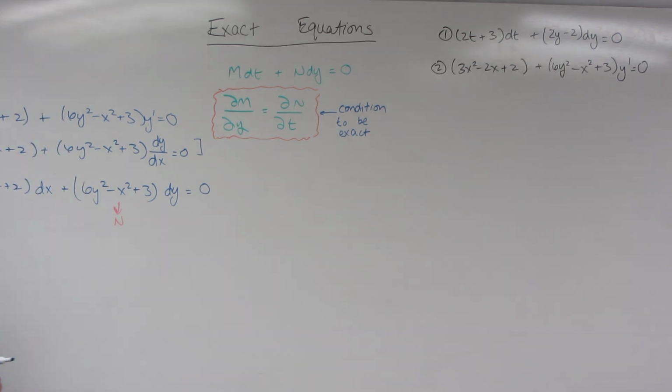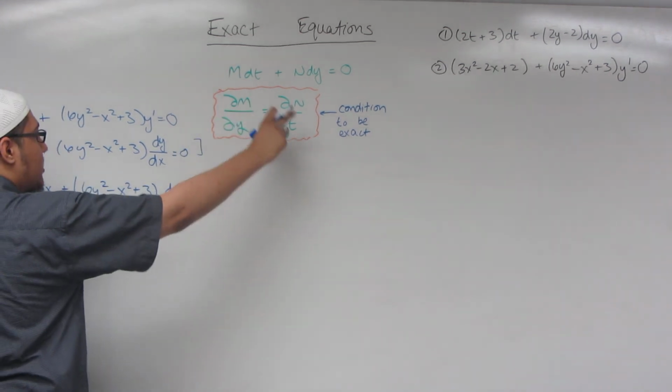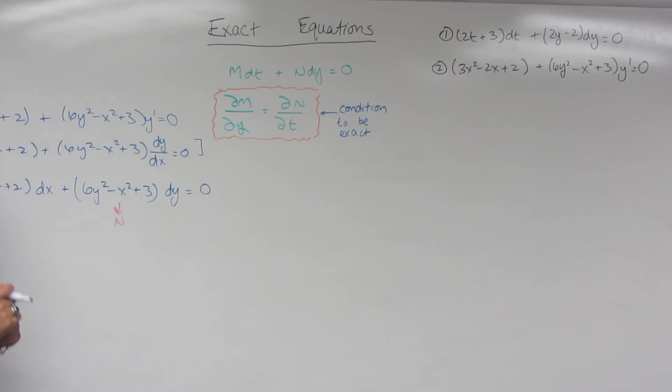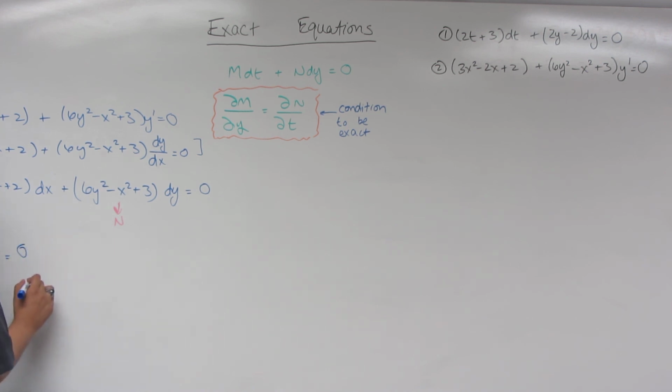Now the next step is, is this condition met? If it is met, then this is an exact equation, and then we can proceed with the next steps. If this is not met, then we have to find some other method to solve these equations. Now, let's see. The partial of M with respect to y in this case ends up being, excuse me, it ends up being 0.